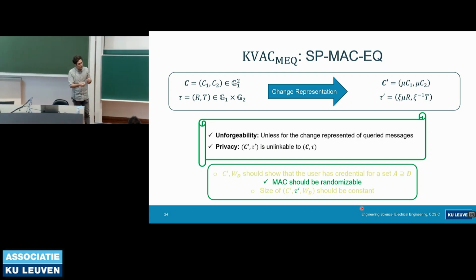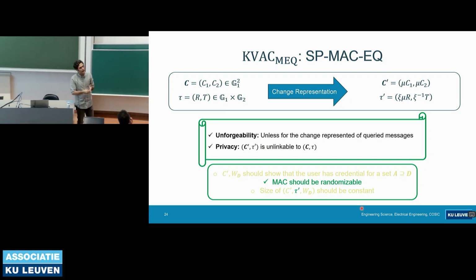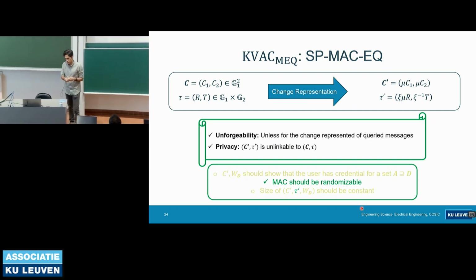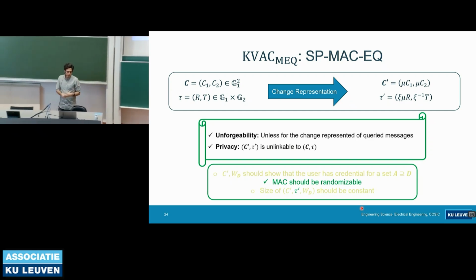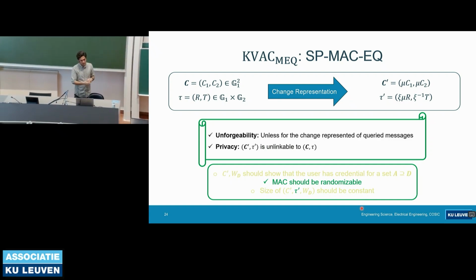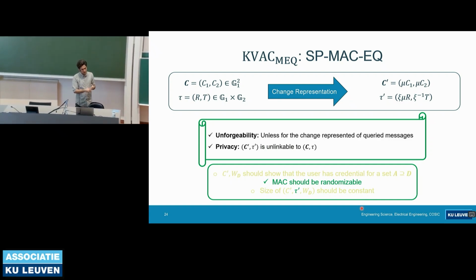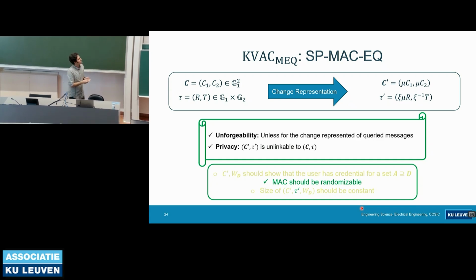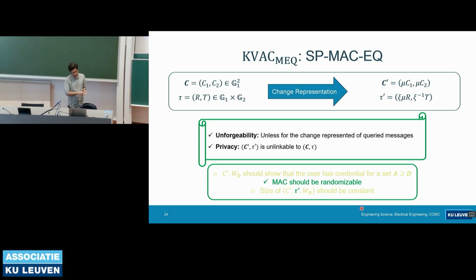Because of this change representation, the adversary is able to do it for other messages in the same class. But with this construction, the probability that he'll be successful at anything else is negligible.